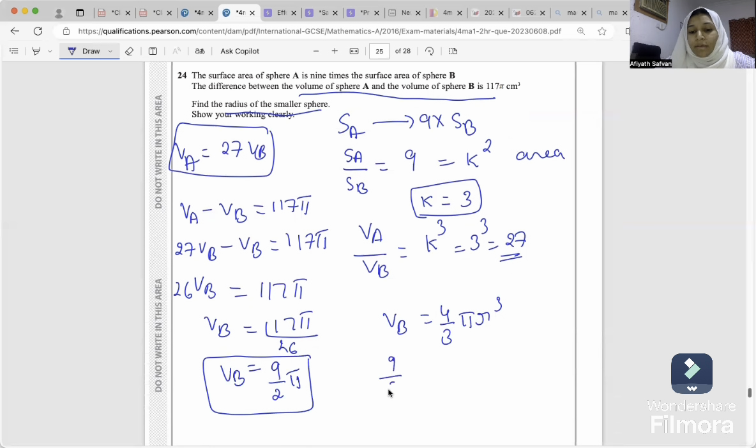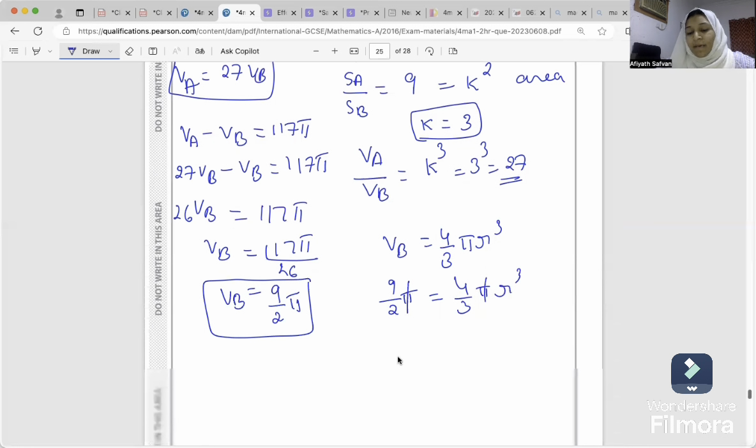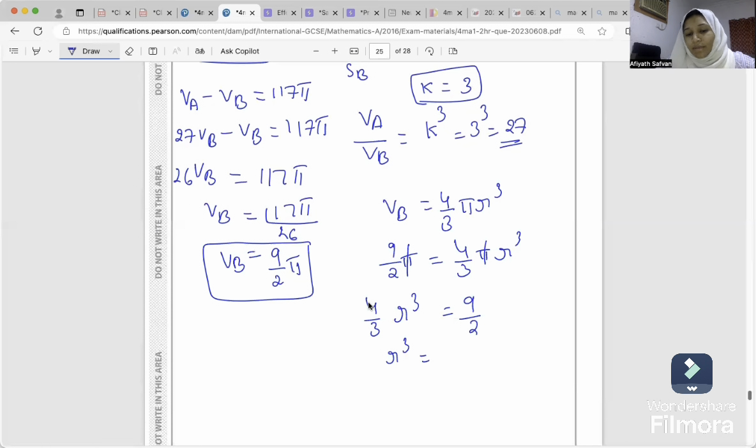So 9 by 2 pi is the VB volume. Here 4 by 3 pi into r cubed. Since we have pi on both of the sides, we can cancel. So if you want r cubed, I can easily move this. The division will go to the other side as inverse, right? So 3 divided by 4, and then you have to take the cube root to get r.